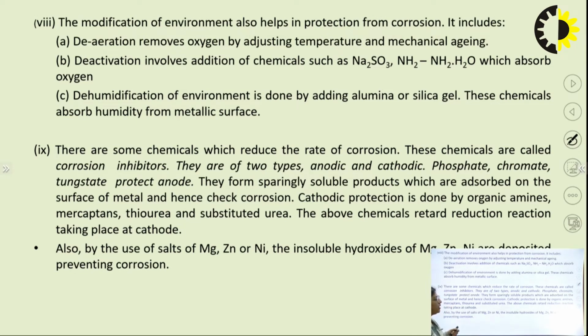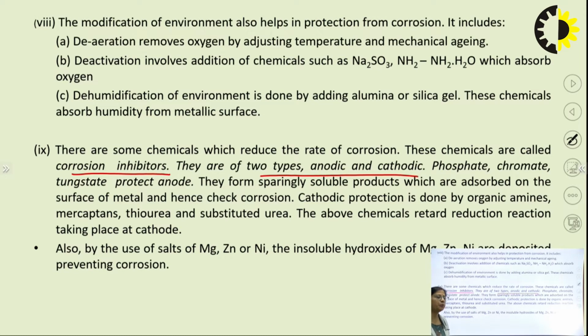In addition to these, there are certain chemicals which reduce the rate of corrosion. These chemicals are known as corrosion inhibitors. Since anodic and cathodic surfaces are formed, these inhibitors are of two types, anodic and cathodic. What do these inhibitors do?